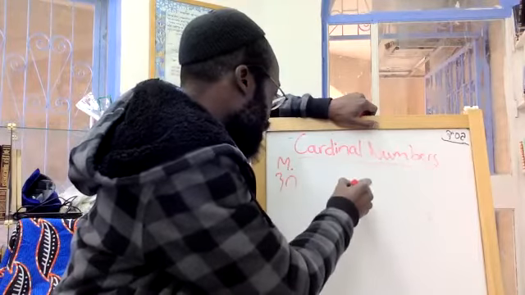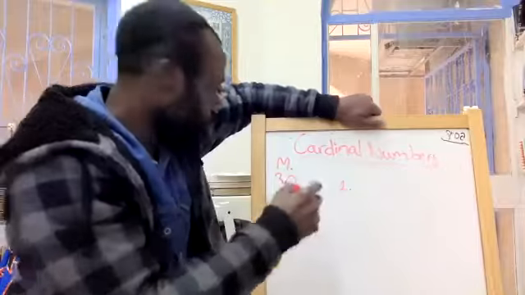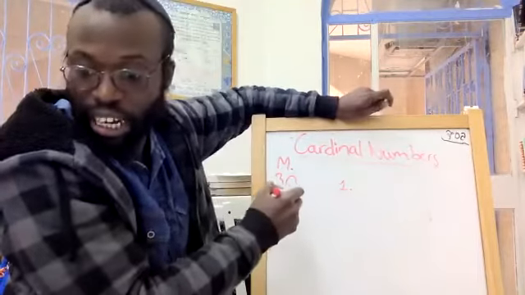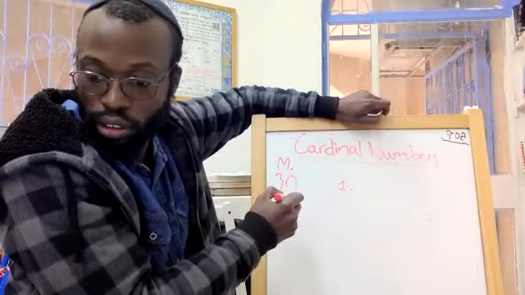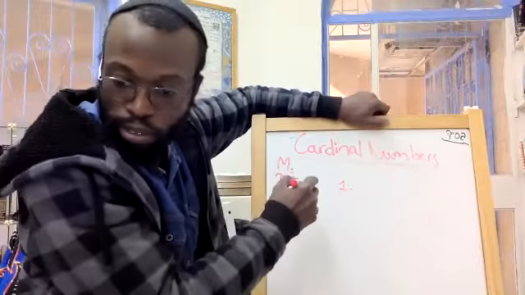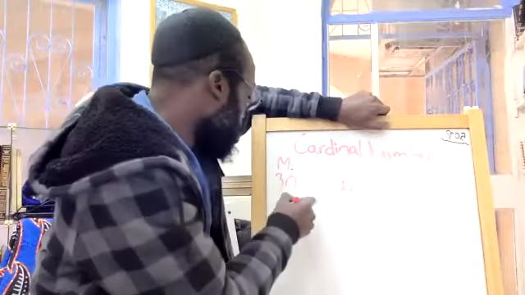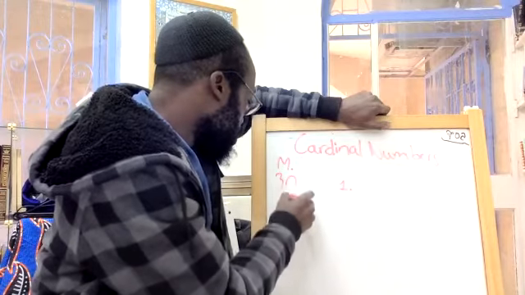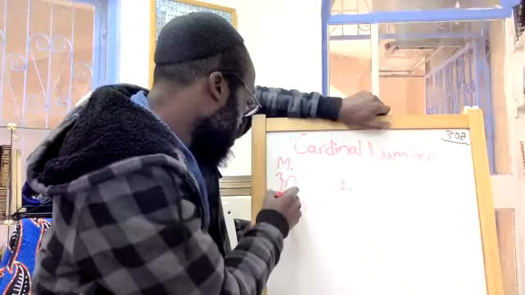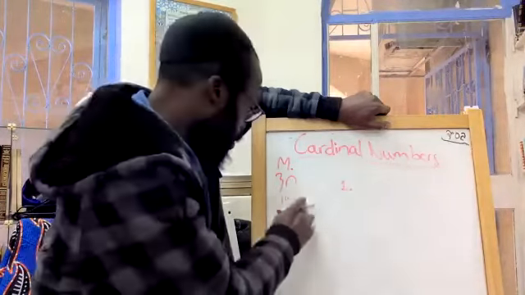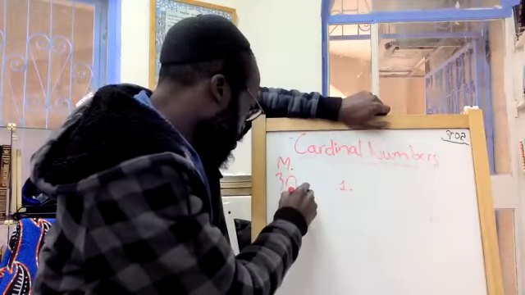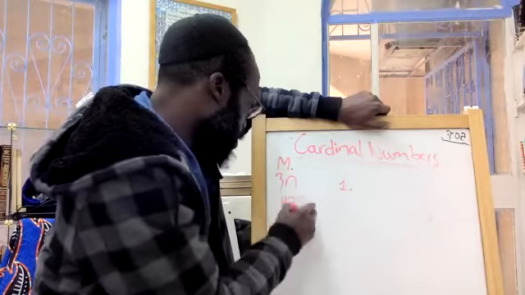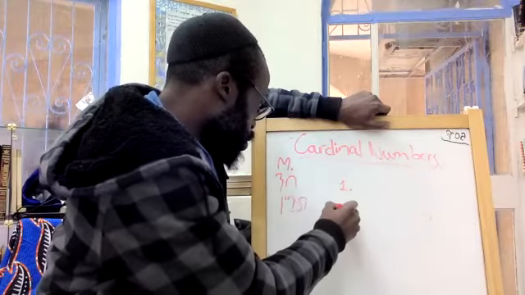So this is 1, Chad. 2 is Tre, or Tren. This is 2.